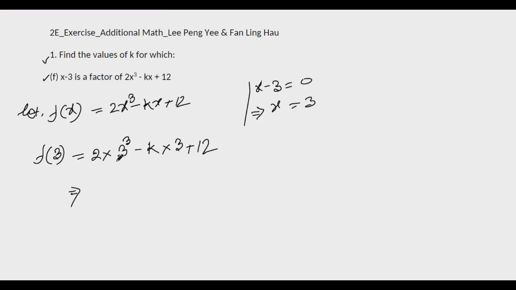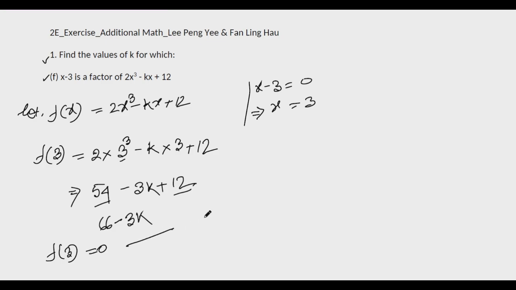So here 3 cube will be 27. So 2 multiplication 27, it will be 54 minus 3k plus 12. If we do further calculation, we will get 66 minus 3k. According to the remainder theorem, f of 3 is equal to 0.